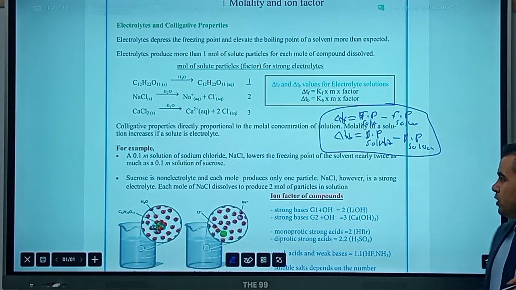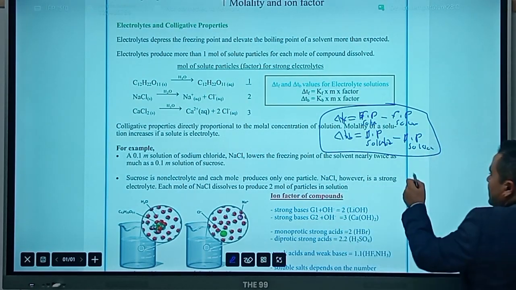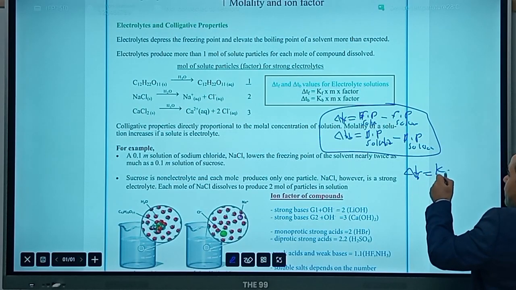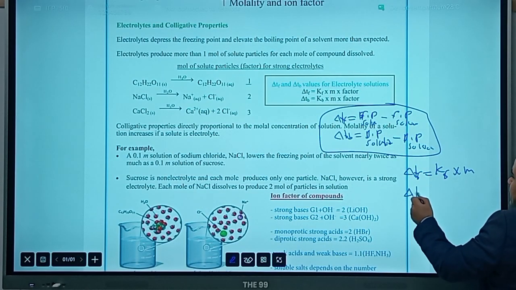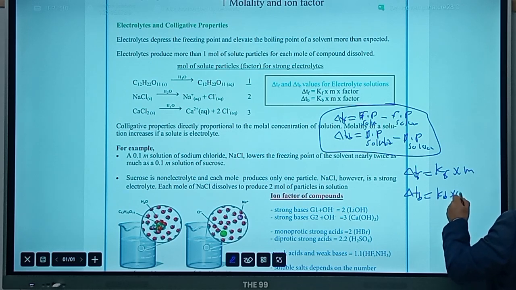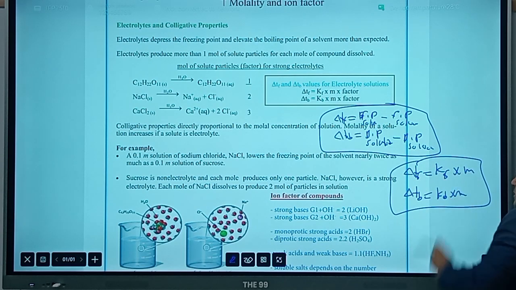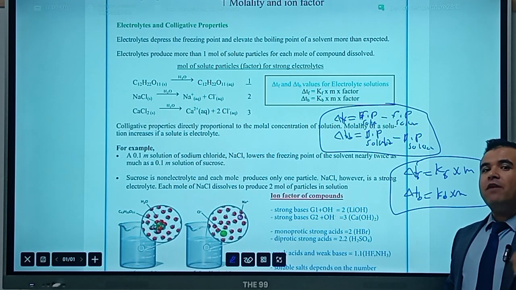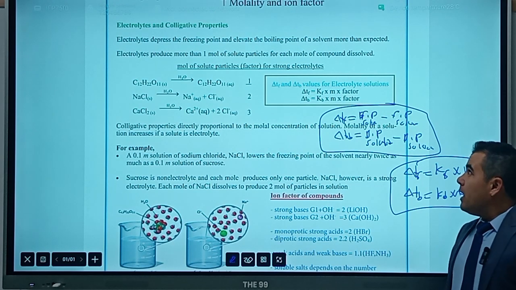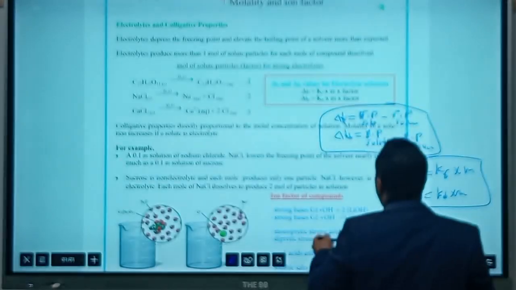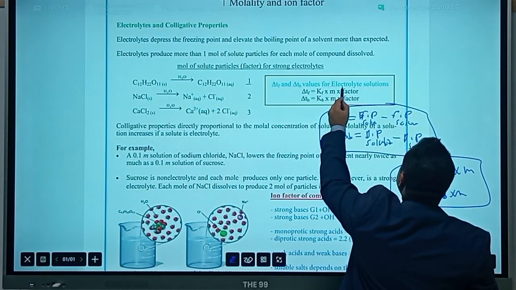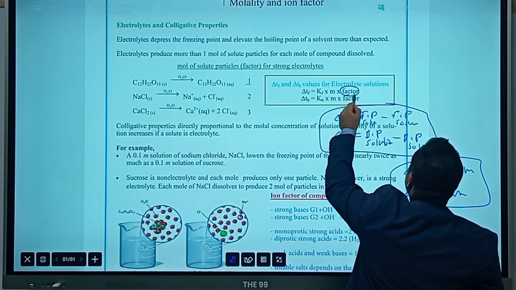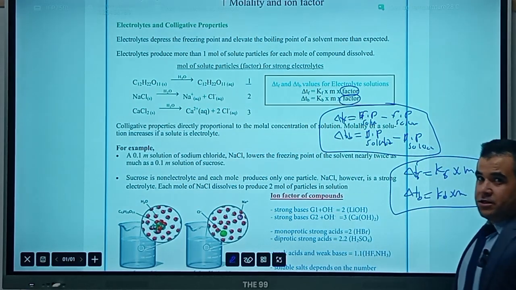But the second equations, which we said: delta TF is equal to Kf multiplied by m, and delta TB is equal to Kb multiplied by m. There will be some changes in this. Due to producing more particles per one formula unit, the electrolytes have ion factors. The ion factor, which we will talk about in detail, must be included in the equation for the electrolytes.